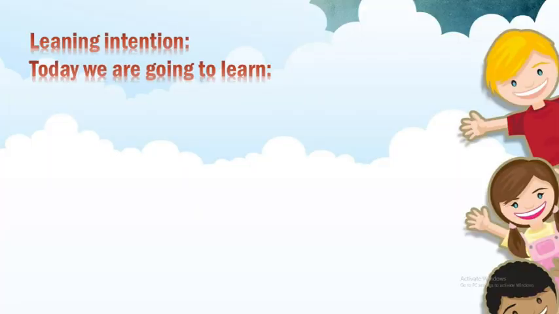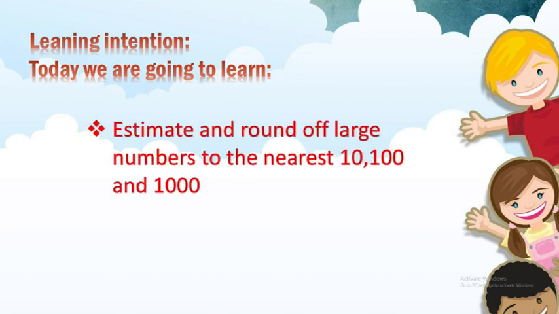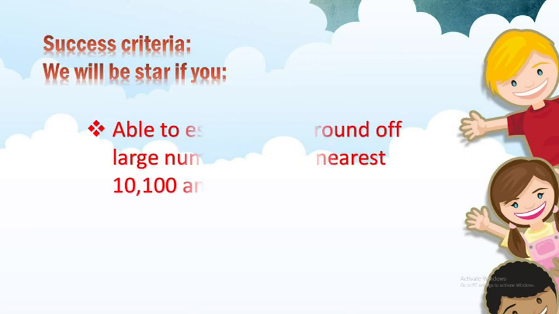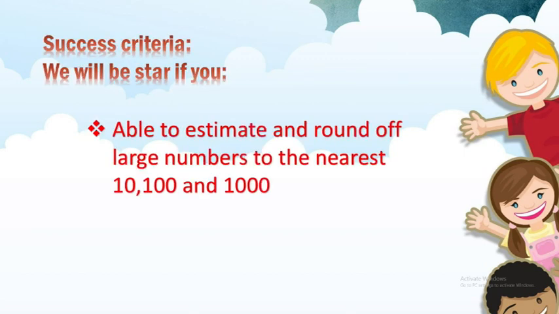Today we are going to learn about estimating and rounding large numbers to the nearest tens, hundreds, and thousands. Our success criteria is we will be a star if we are able to estimate and round large numbers to the nearest tens, hundreds, and thousands.